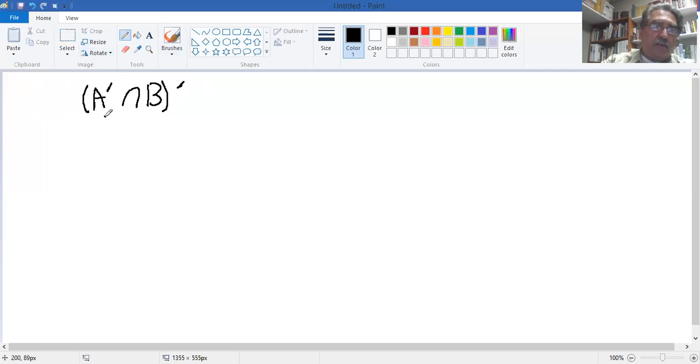So let's look inside the parentheses. We want A prime or A naught. Remember, this symbol means not. What is A naught? A naught is what is not in A.